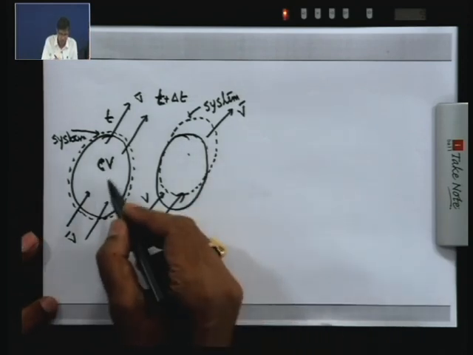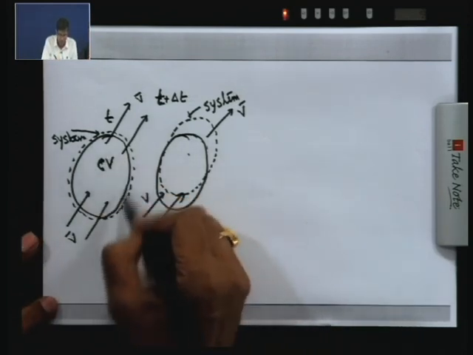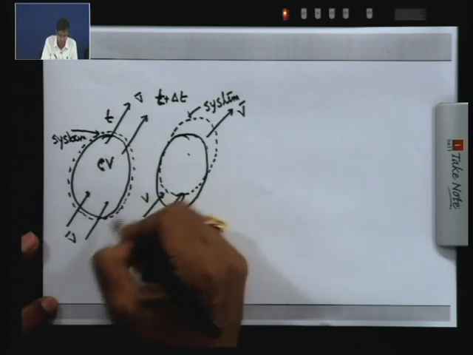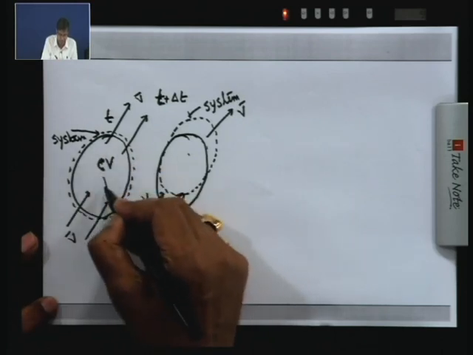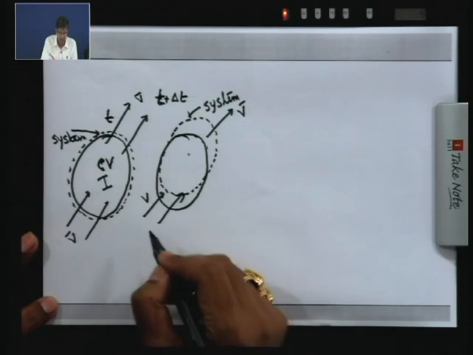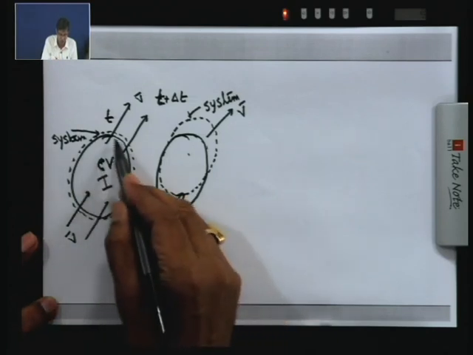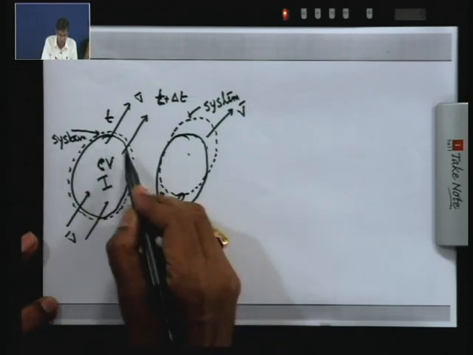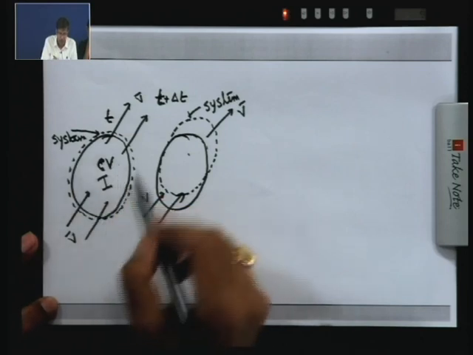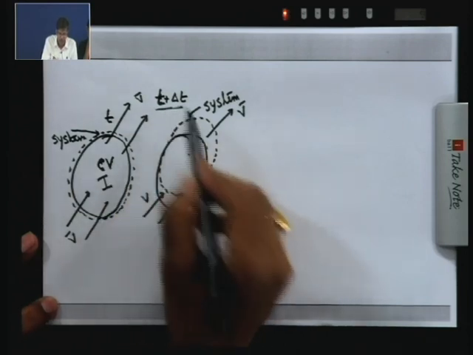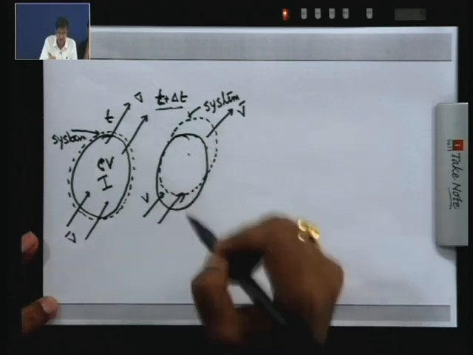Now at time t, when the control volume and system coincide, I define this volume by 1. Volume 1 is the volume contained by the control volume and the system, which are coincident. After a small interval of time delta t, the system is displaced like this.